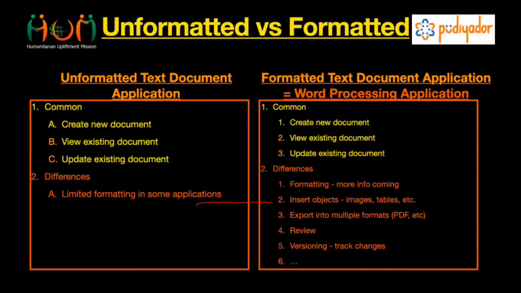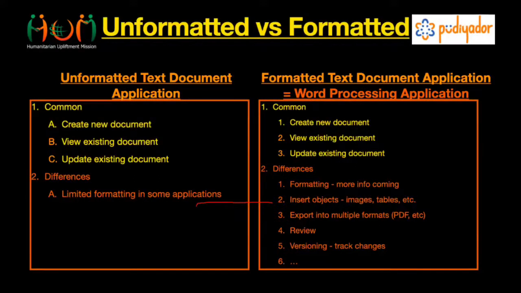So what is the difference between unformatted and formatted text? This kind of tells you what an unformatted text document application does and what a formatted text document application does. The one on the right is a word processing application. What is common to both? You can create new text documents, you can view existing text documents, and you can update.